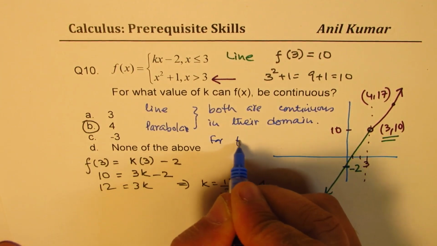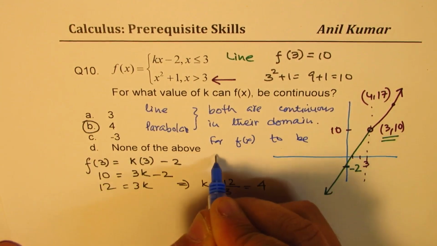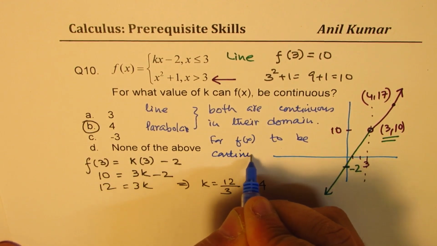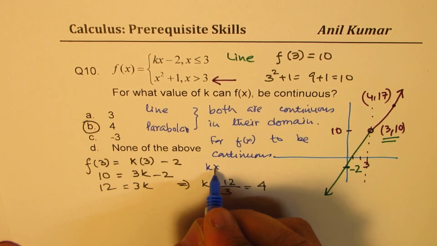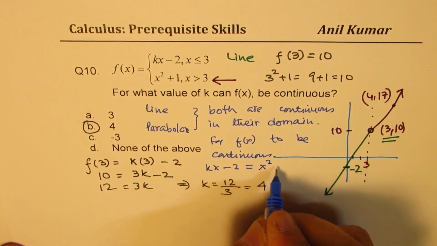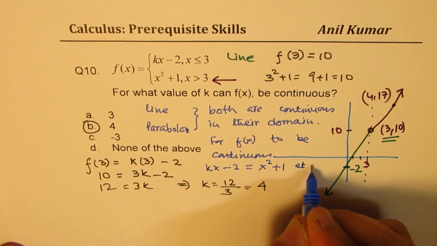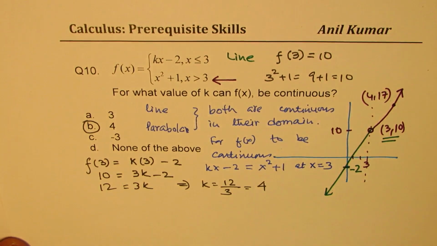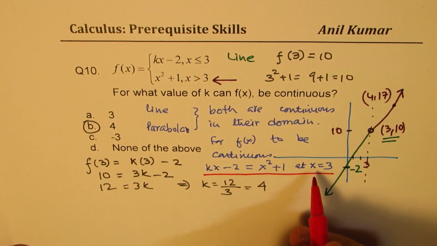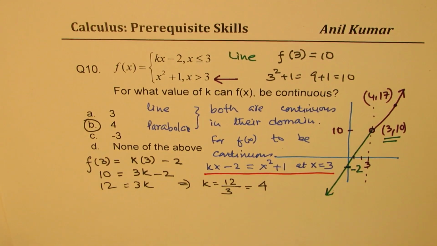So for f of x to be continuous, kx minus 2 should be equal to x squared plus 1 at x equals 3, correct? That is the condition which we exploited to find the value of k. Does that make sense to you? This goes well with most of the piecewise functions where we want to make them continuous, correct? Sketching a piecewise function is another huge part of prerequisites for calculus. So I'd like you to go through and review some of the questions based on that.